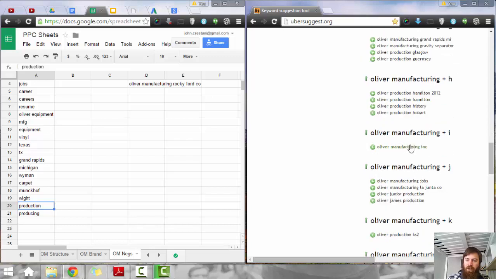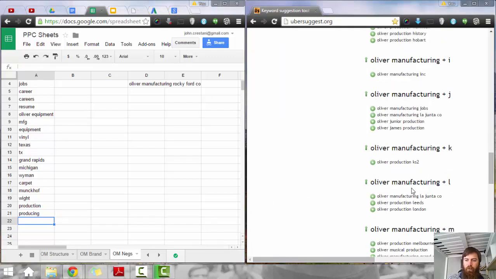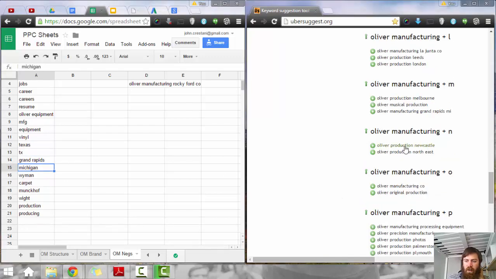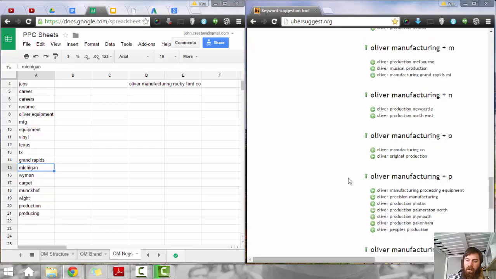That could have been a really bad term that would just get rid of a lot of our stuff. We're going to get rid of Junior and James, even though those should be negatived out by the fact that it's production. Oliver Production, KS2, Manufacturing, Grand Rapids. We already got rid of Grand Rapids, and we have Michigan here. So we're seeing a lot of these terms that would show up, Oliver Production, are being negatived out.